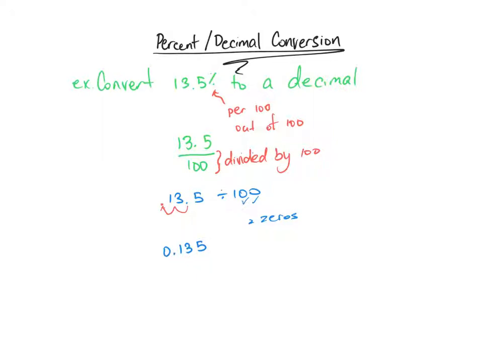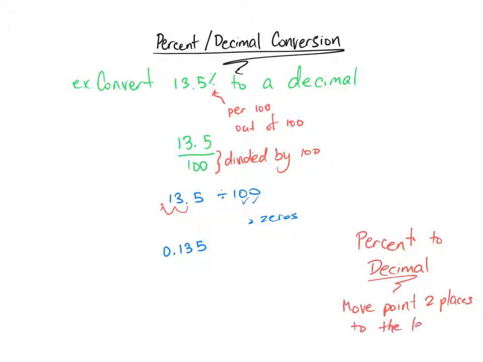So we can write a rule down just to make sure we've got it. All you have to remember is that when converting from percent to decimal, we move the decimal point 2 places to the left.